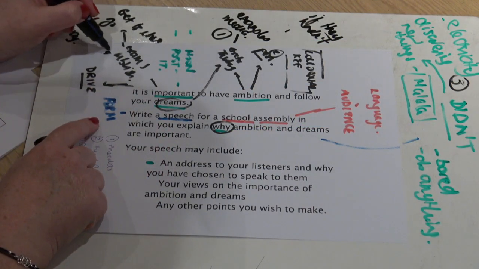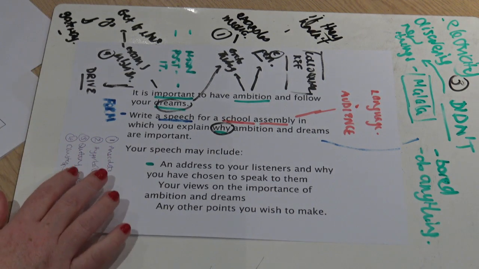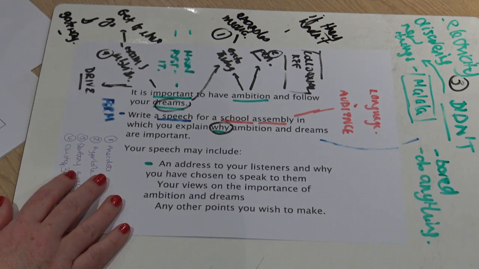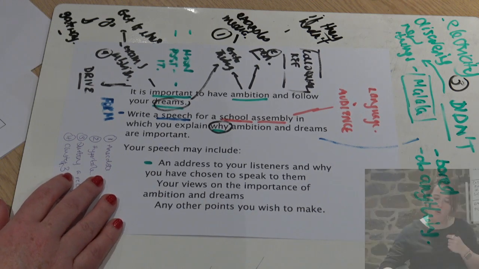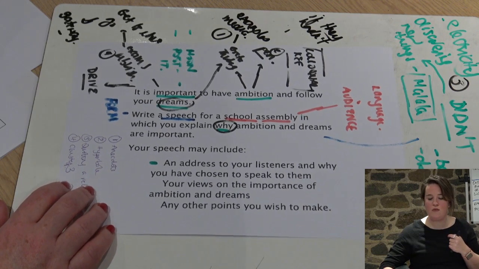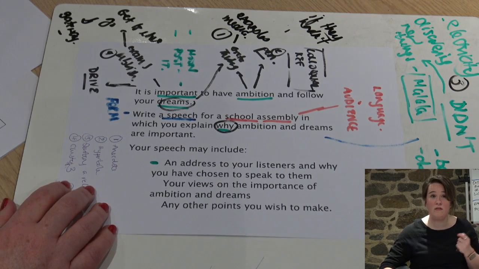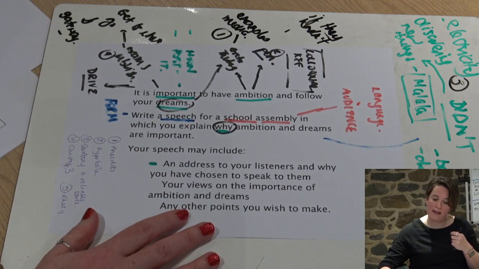And make it real to them. So then something like, without our dreams, having to suffer through school would be pretty rubbish. Or dreams, I want to travel the world. I want to write a novel. I still want to write a novel. I haven't got there yet. But little things like that you could drop in.